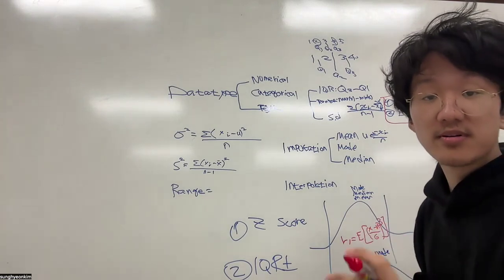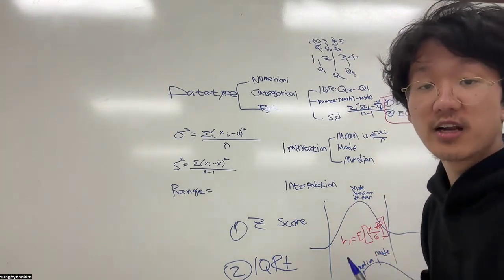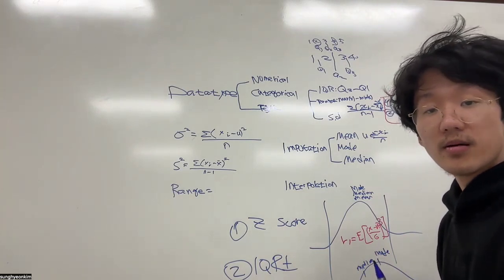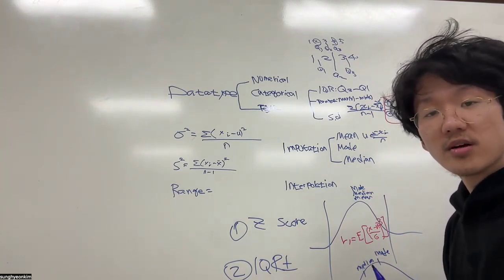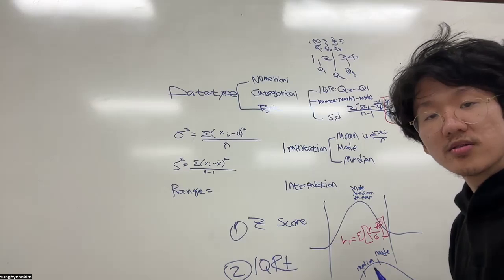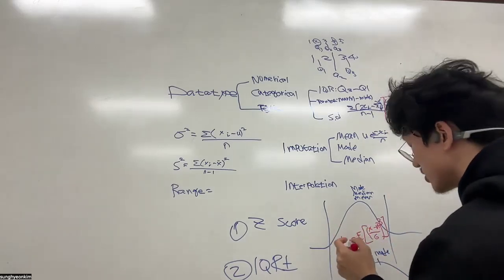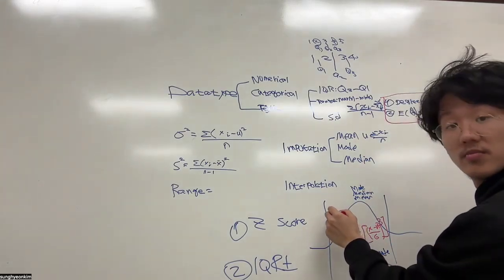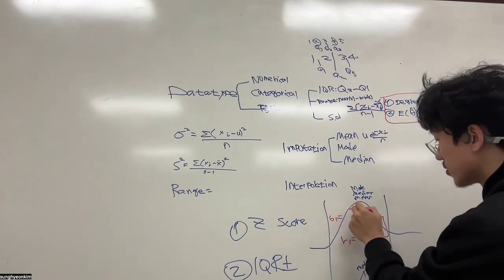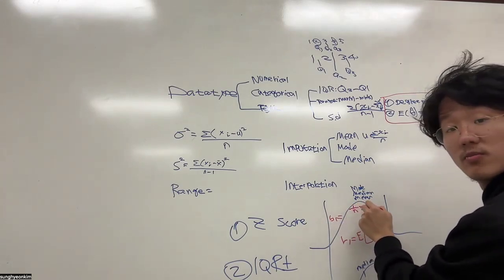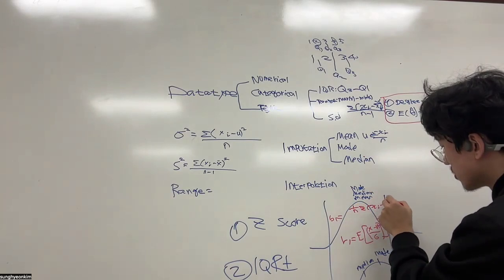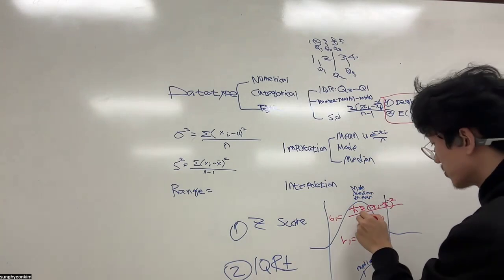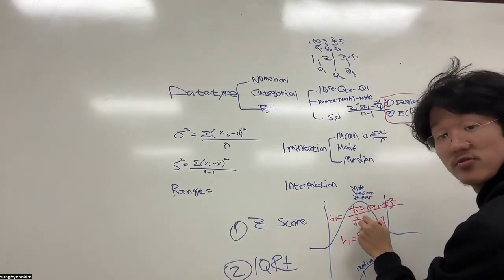Or in the sample case, we calculate it by the mean of the cubed deviations over the cube of the standard deviation, with a minus 1.